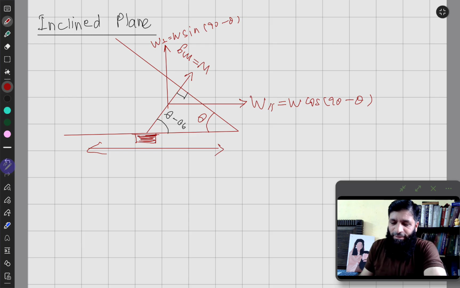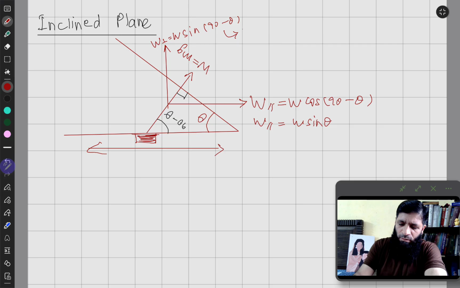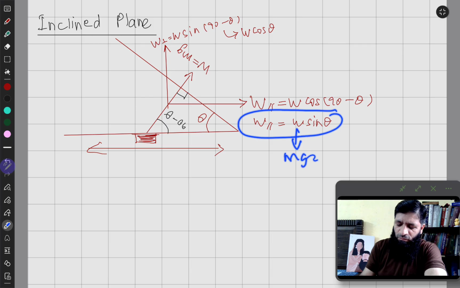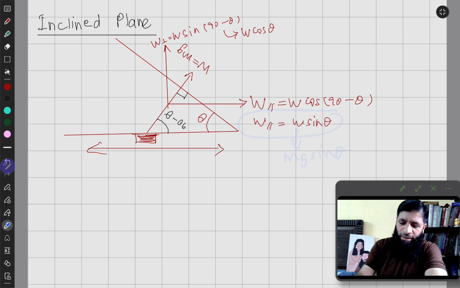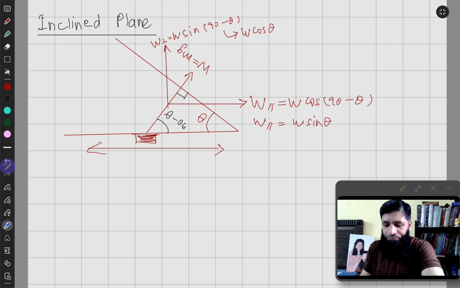And you know that cos 90 minus theta will become sin theta. You have done this thing in your O levels. This will become W sin theta, and this will become W cos theta. So you can see that the parallel component of weight is basically W sin theta, or you can also say mg sin theta, and the vertical component will be W cos theta.